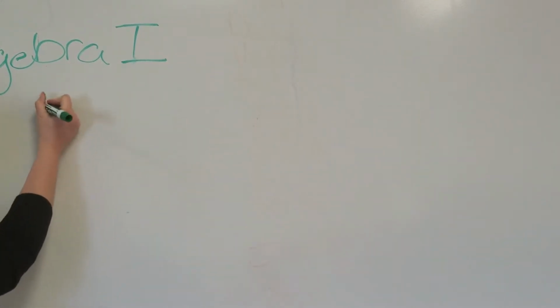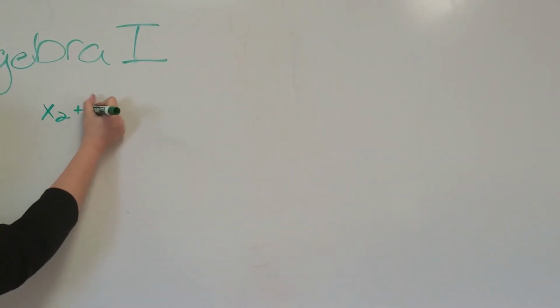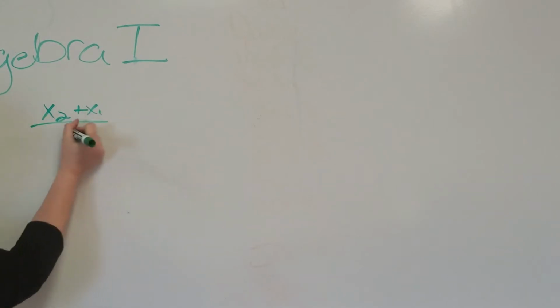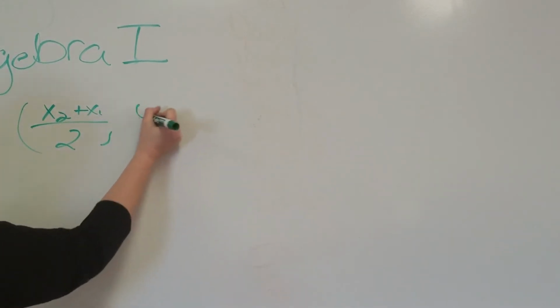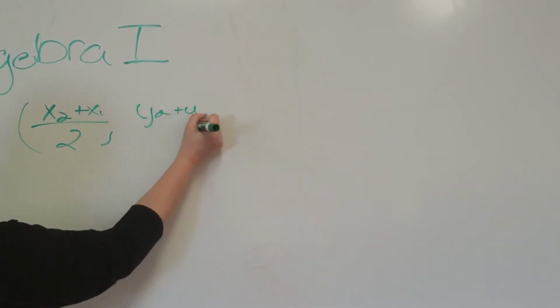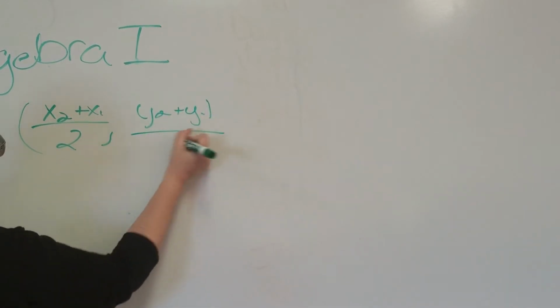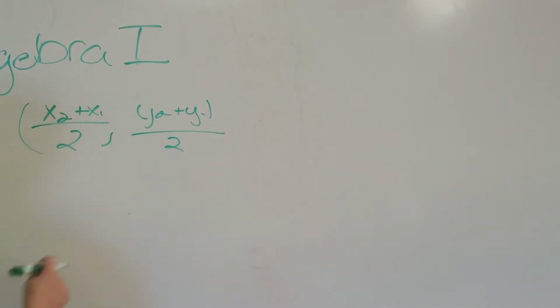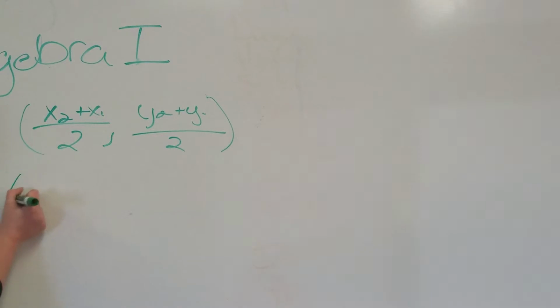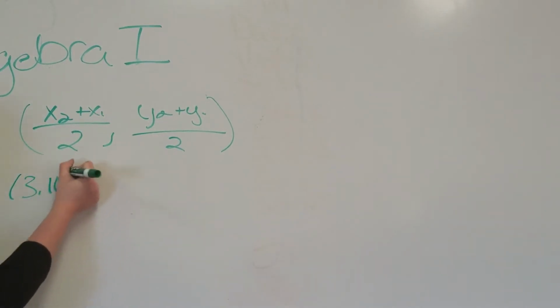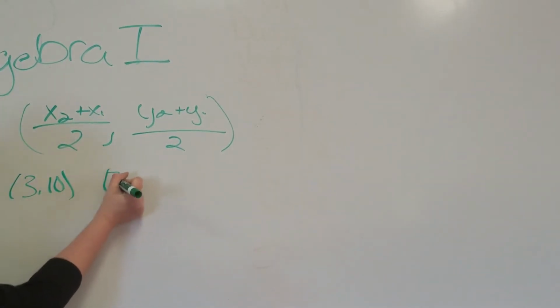The formula for midpoint is x2 plus x1 divided by 2, and y2 plus y1 divided by 2. Again, the 1s and 2s don't really matter, other than you know one set is 1 and the other is 2. So they want you to find the midpoint of the 2 points, (3, 10) and (7, 8).